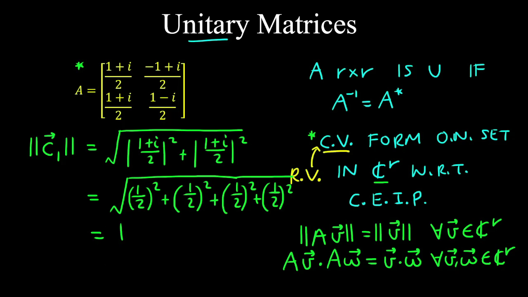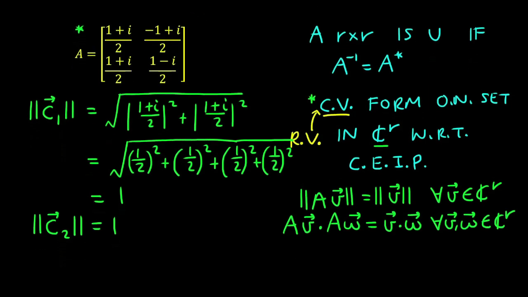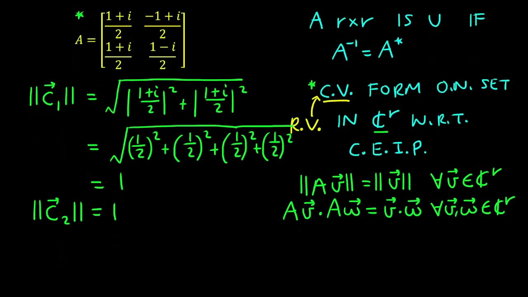And in a similar way, you can verify that the column vector C2 is also a unit vector, which I'll leave for you as an exercise. And now we'll verify that the complex Euclidean inner product between C1 and C2 is 0.